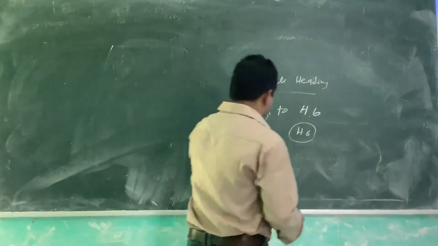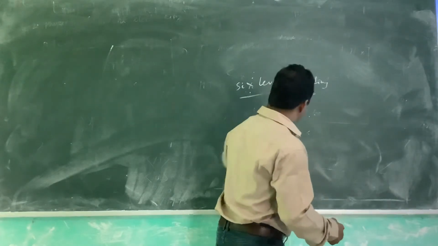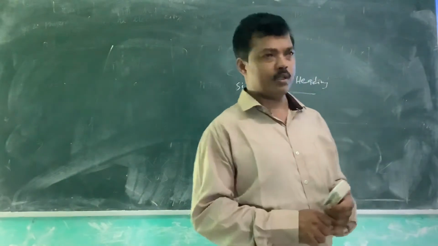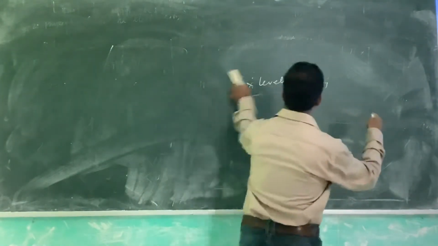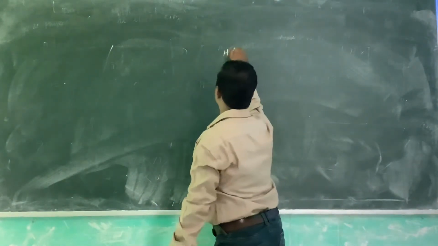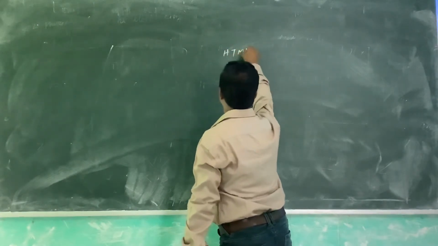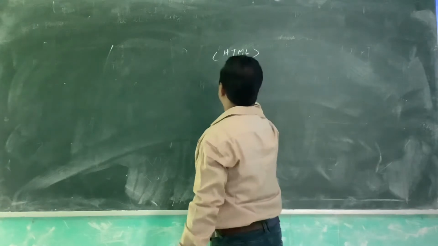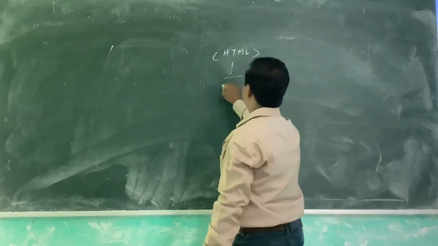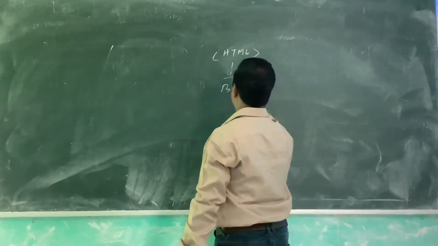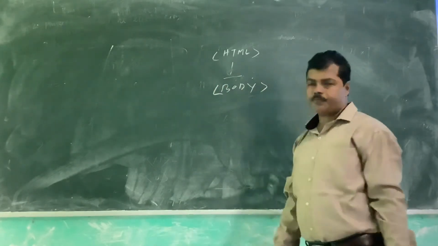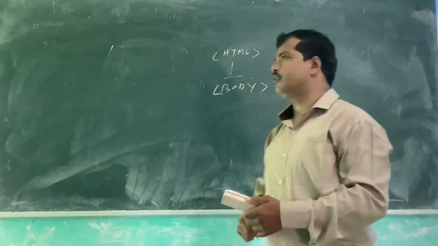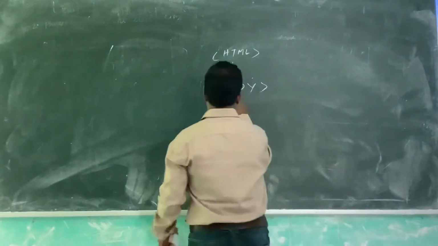So how can you make headings in an HTML document? First, start with HTML as we have done previously. Then head. This is the head part and this is the body part. Suppose you want to make heading 1.